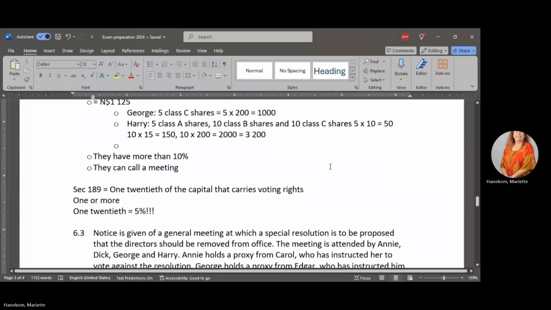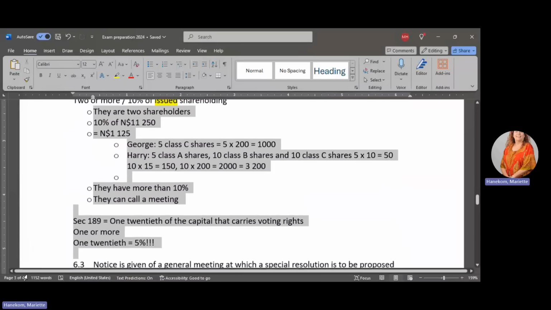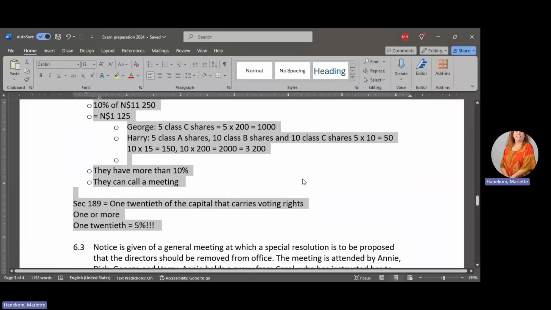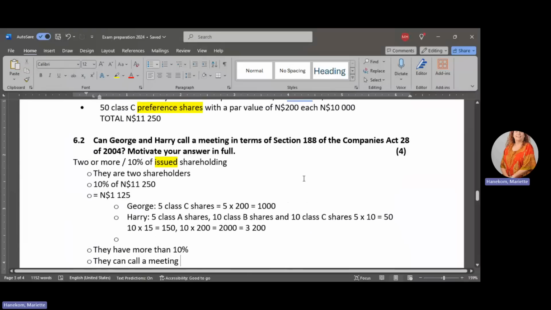Once again, I want to see these calculations in the exams. That is your motivation. Your motivation does not consist of copying section 188 from the handout into your test. Then the question would have read, please copy section 188 into your answer script.